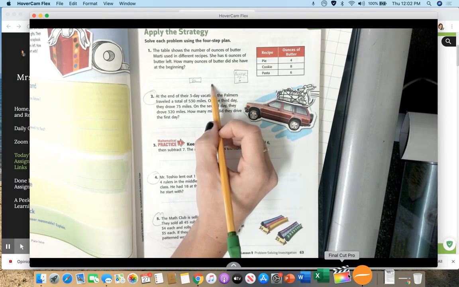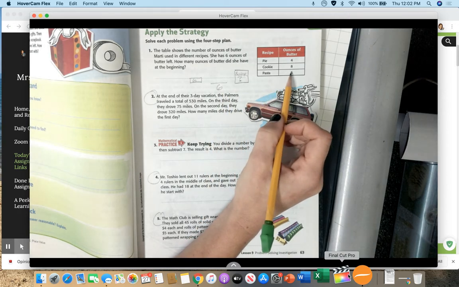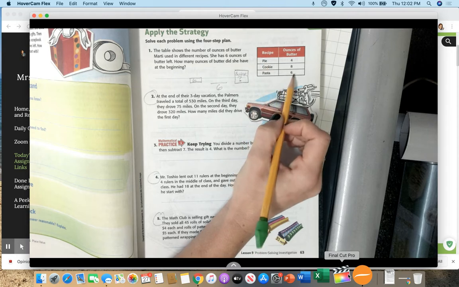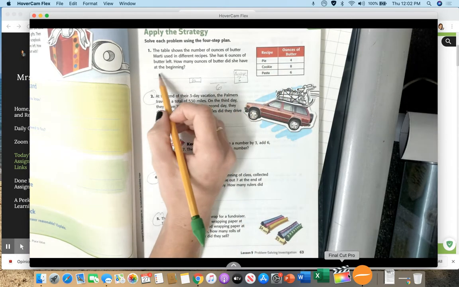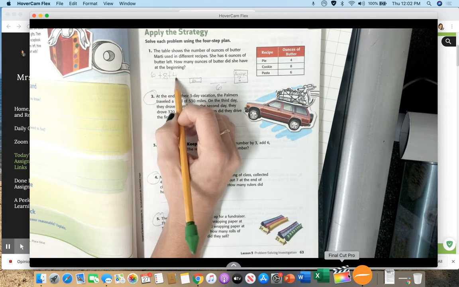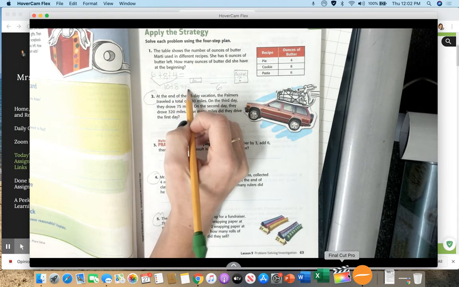So if I end with 6, and I used 6 for pasta, 8 for cookies, and 4 for pie, let's go ahead and add those up. 6 plus 8 plus 4. Well, 6 plus 4 gives me 10, and 10 plus 8 gives me 18.